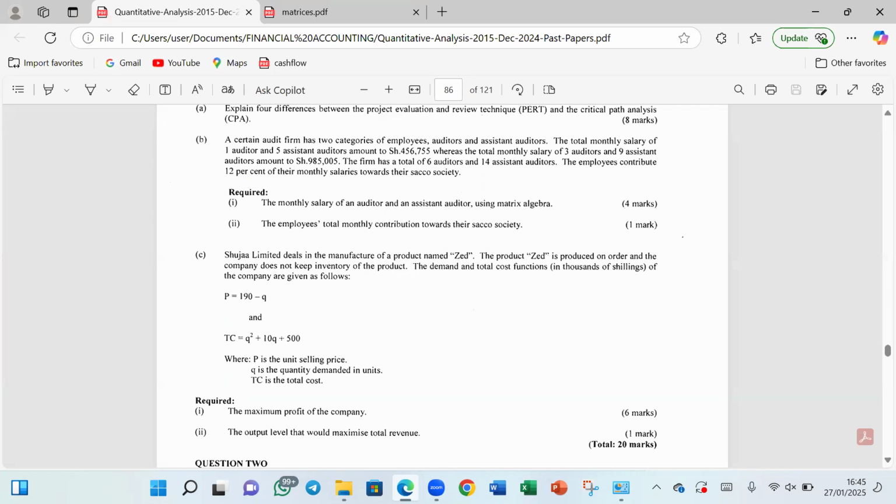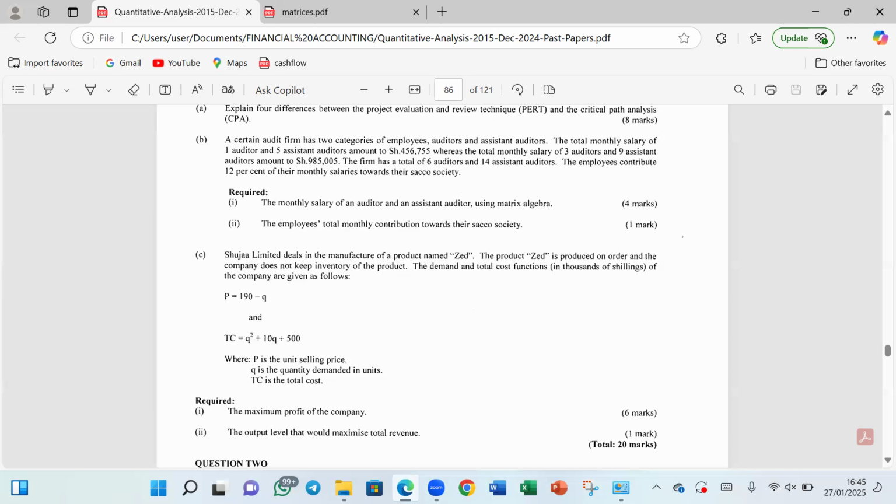So we say, let auditor be X and assistant auditor be Y. So we can give that an assumption.